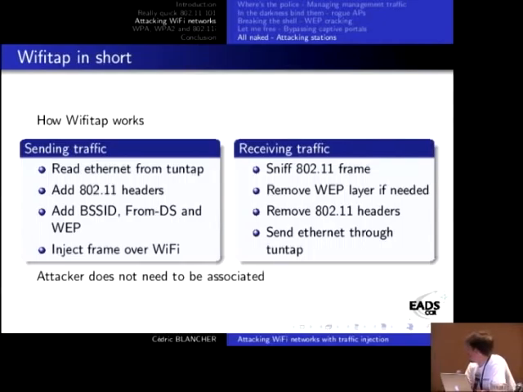It works like this: it sniffs the network, removes the .11 headers, and pushes the frame to the tun/tap device. To send frames, I do the inverse. I take the Ethernet frame, add .11 headers, and send it on the wire with the From DS flag set. So when I send the frame, the station accepts it.